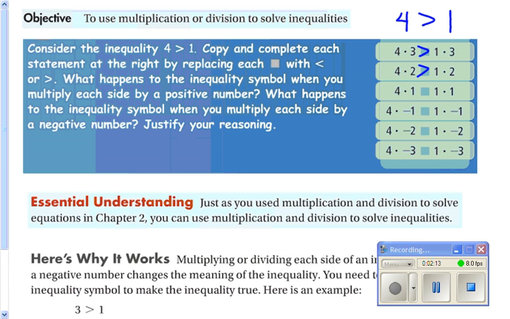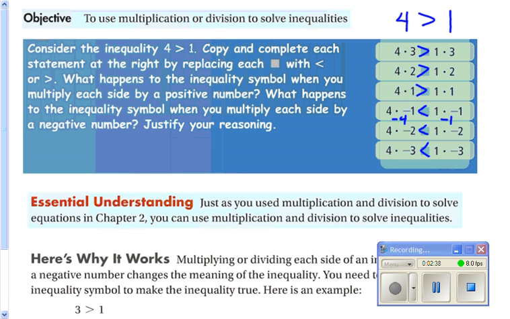If we multiply both sides by 1, we get greater than. 4 is greater than 1. If we multiply both sides by -1, we now have -4 and -1. Well, -4 is less than -1. -8 is less than -2, and -12 is less than -3.